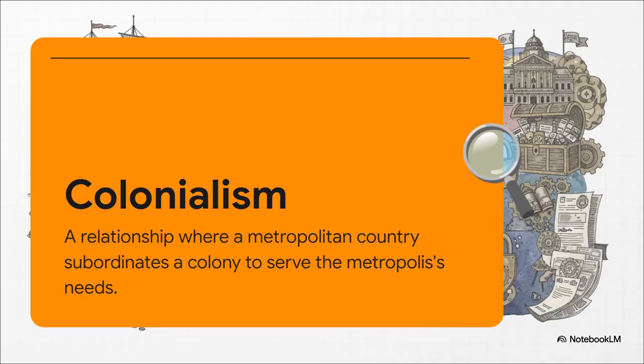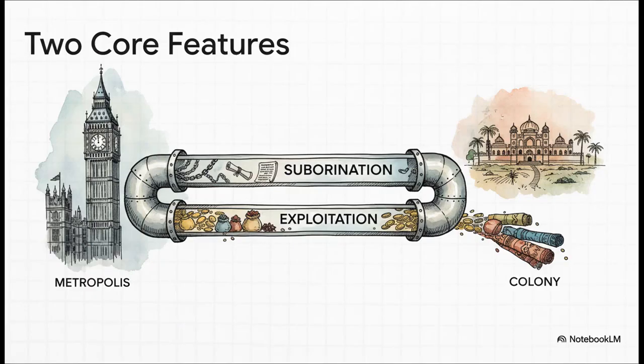So, first things first, what are we actually talking about when we say colonialism? At its heart, it's a relationship of total subordination. The key thing to understand is that a colony's entire economy, its whole society, isn't guided by its own needs. It's fundamentally re-engineered to serve the interests of the distant metropolis, the imperial center. This relationship really has two fundamental features.